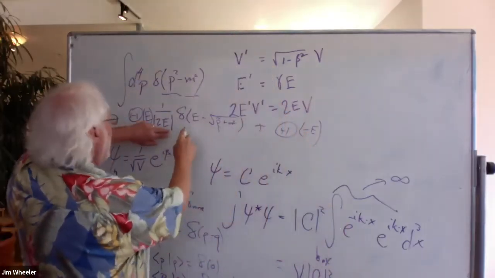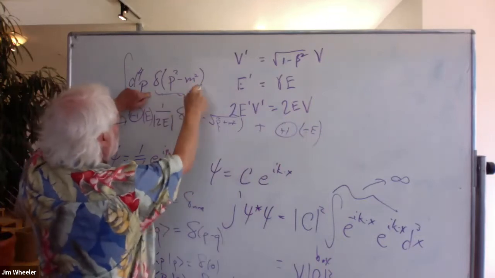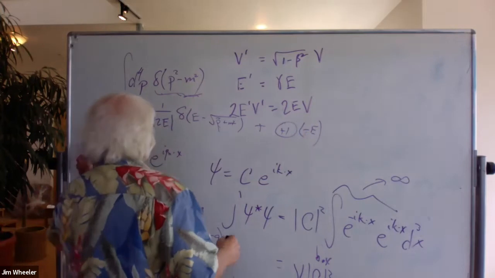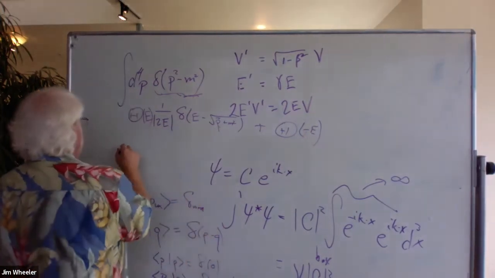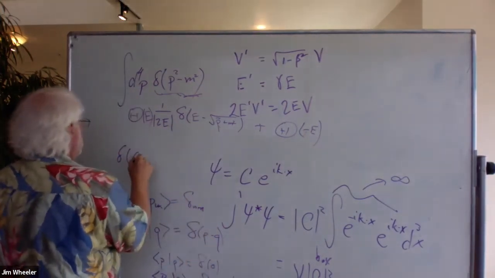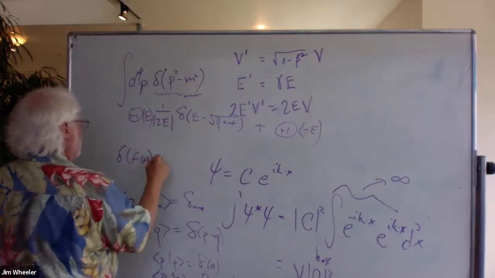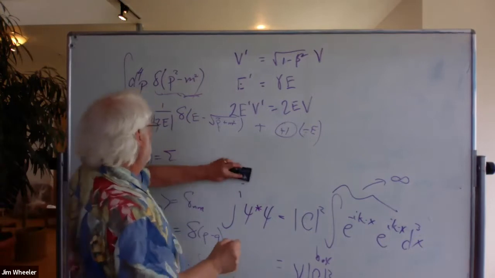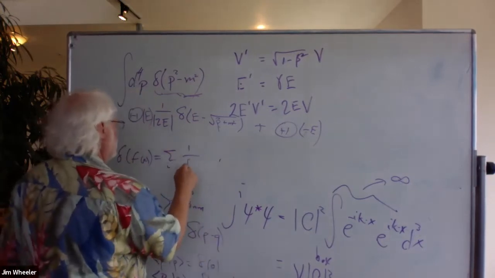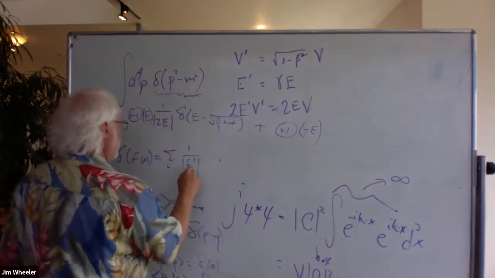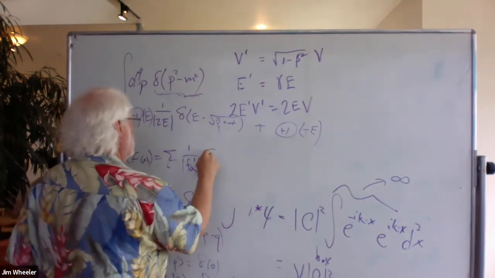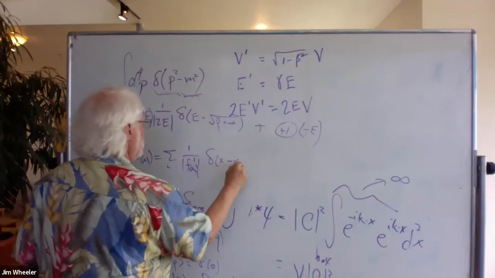All I'm actually doing is rewriting this delta function using the usual relationship: delta of a function of x is the sum over the zeros, 1 over the magnitude of f prime at the ith zero, times delta of x minus x_i.